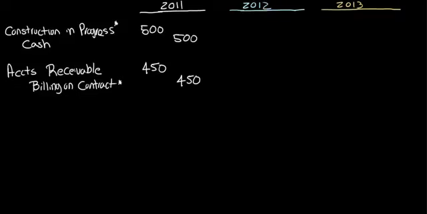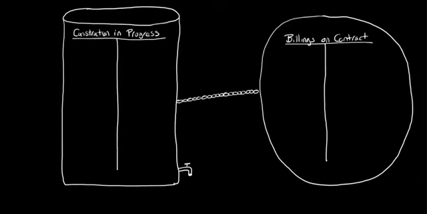Construction in progress is basically, let me go to this last slide here. Yep. Construction in progress is basically a bucket. And this is all the costs. It's all going to be all the costs plus all the profit that we're going to recognize. And this is going to be an asset on our balance sheet. So I'm going to put in this cost of construction of $500 because that's how much we spent.